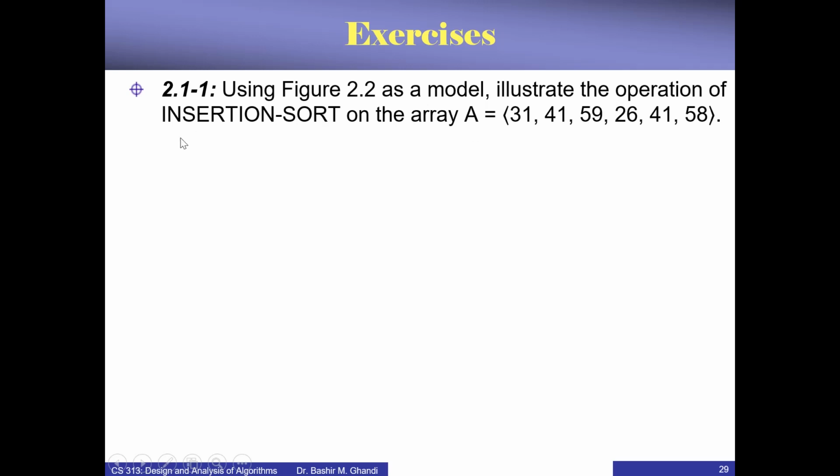Figure 2.2 shows the steps the insertion sort goes through in each iteration to show how the elements are sorted. So using a similar figure, take these random values and show how the insertion sort will work to sort these values.